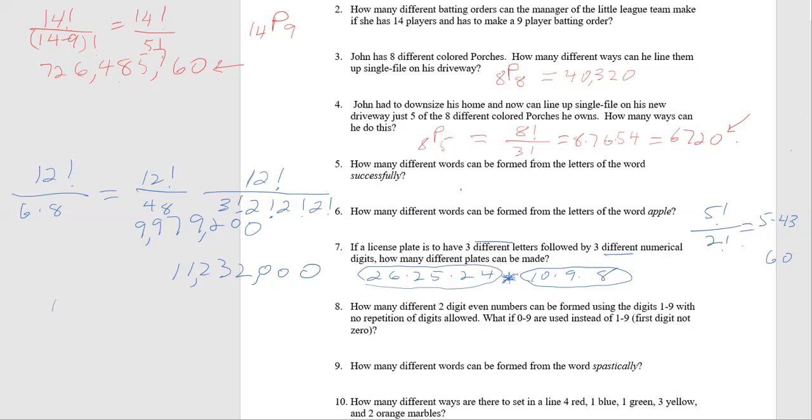So the smallest number we're talking about is 12, because you can't repeat the digits. So that'd be the smallest possible number. And the largest possible number would be a 98. Now, there's lots of numbers in between 12 and 98, and they're not all even.